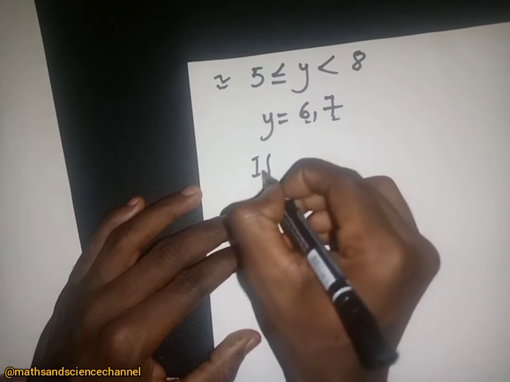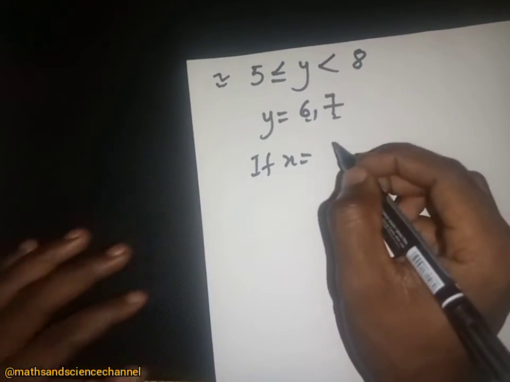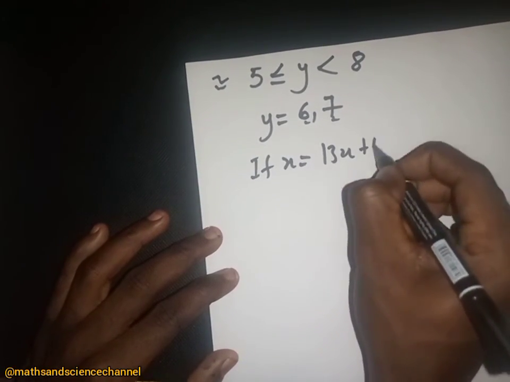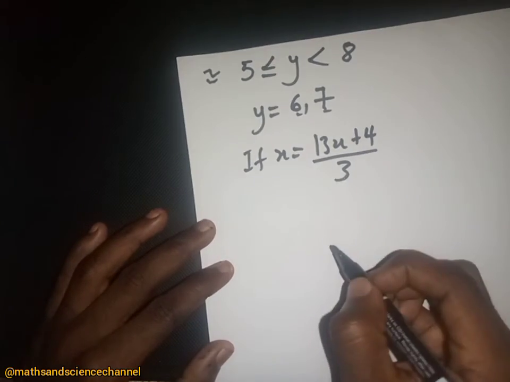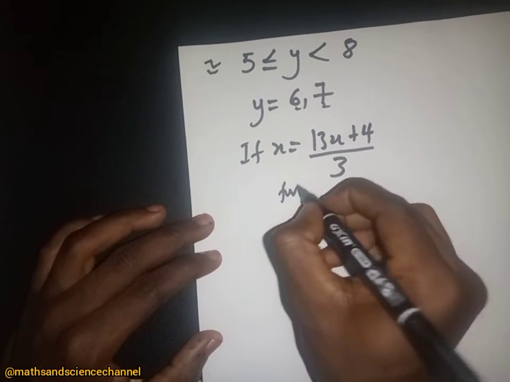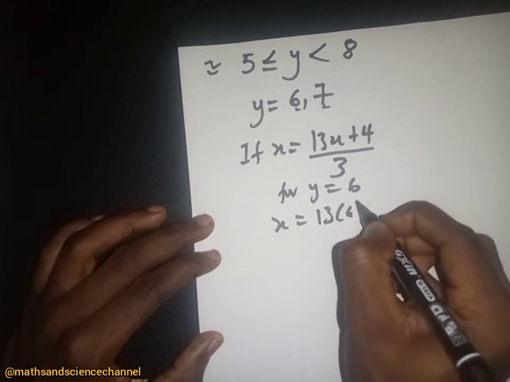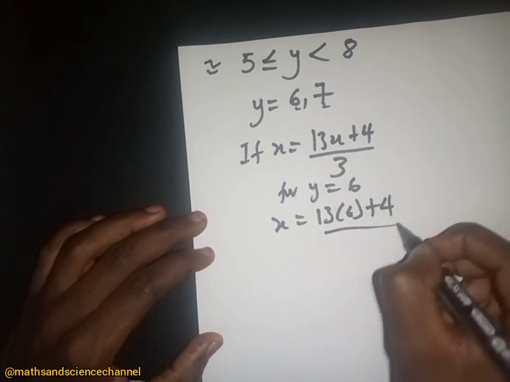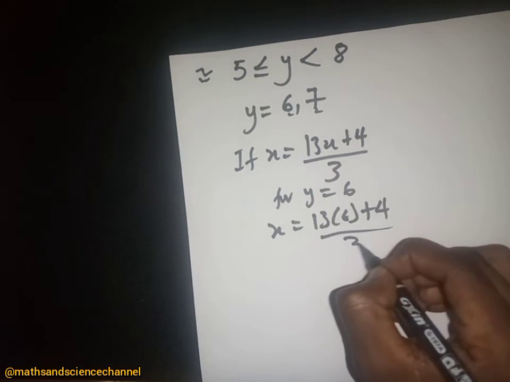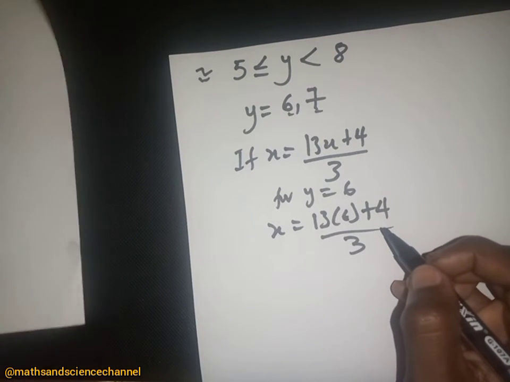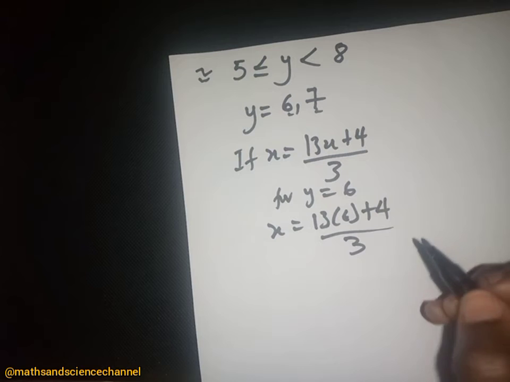So for y being equal to 6, then x will be equal to 13 multiplied by 6 over 4, then divided by 3.